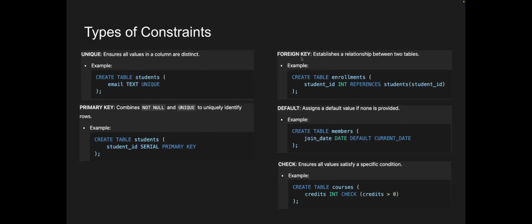Now, foreign keys. We learned that if we want to enforce relationships in your projects, you need to have foreign keys, okay? And foreign keys are very important if you want to create that dependency. For example, you cannot have an enrollment if you don't have a student. Does this make sense?